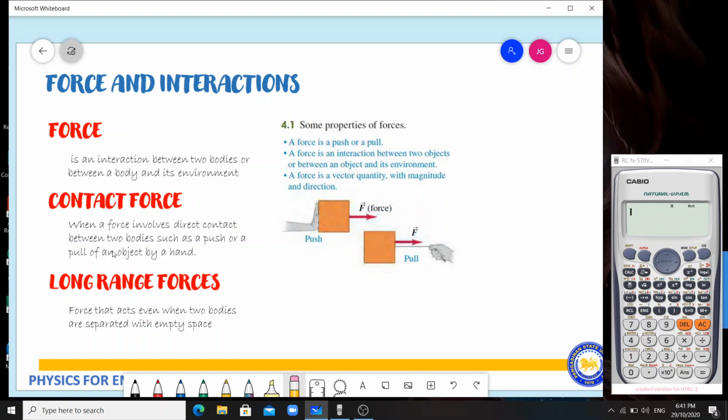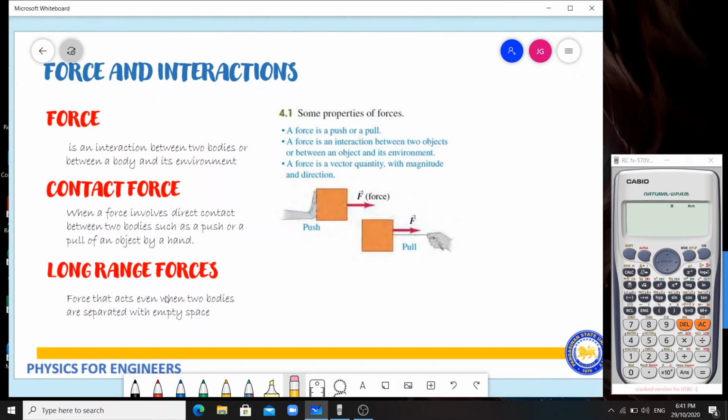Contact force involves direct contact between two bodies, such as a push or a pull of an object by a hand. For long-range forces, the two bodies are separated by empty space, however there is a force which acts between them.